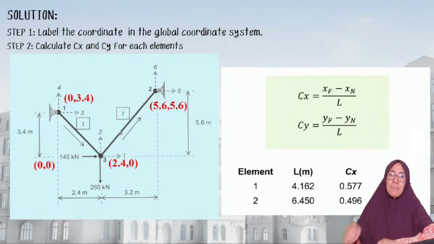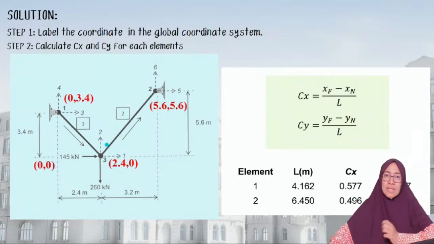So we must label K1 as 3412. This is very important. For element number 2, based on the arrow, near is 3 and far is 2, so we label the DOF as 1256.